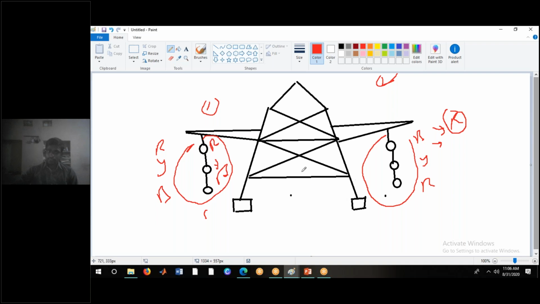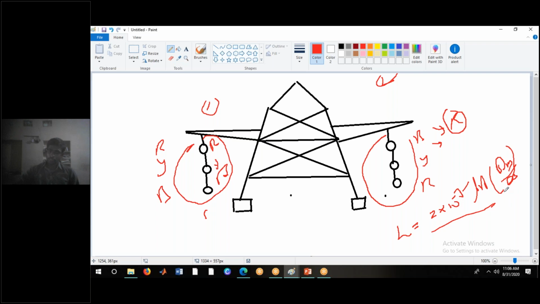What is the use of this type of arrangement? If you connect like this, the GMR will increase, right? Do you know that the inductance is equal to 2 into 10 power minus 7 ln Dm divided by Ds, right? Observing this equation, the L value is inversely proportional to Ds, that is self GMD.